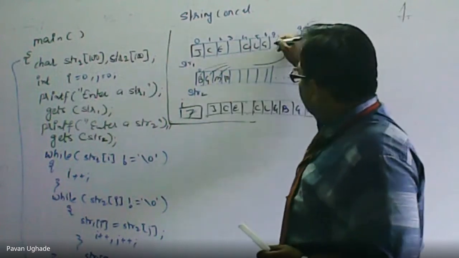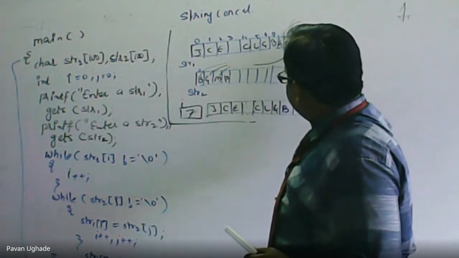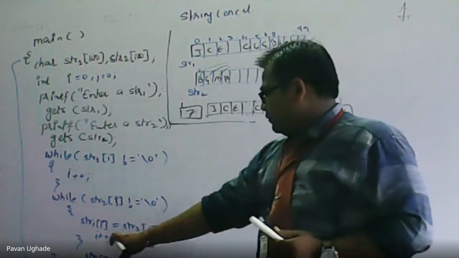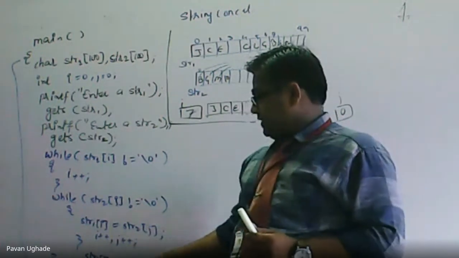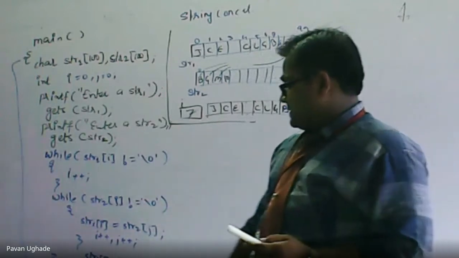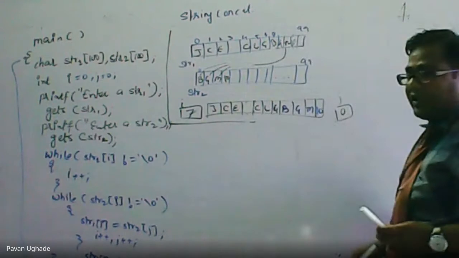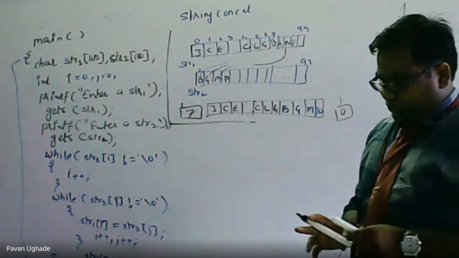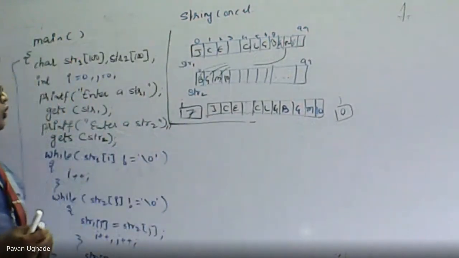So 0. So here it comes b. Then in the same fashion g and m. By that time I plus plus and j plus plus have incremented, and in the same fashion str1 of I. So at the last we are putting a backslash of 0. So we will be getting the concatenation of two strings.